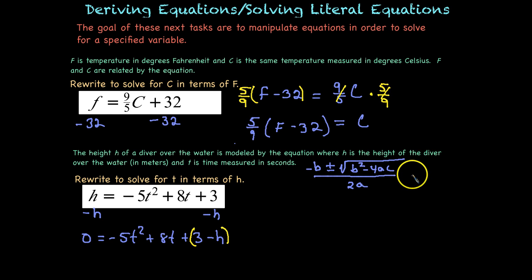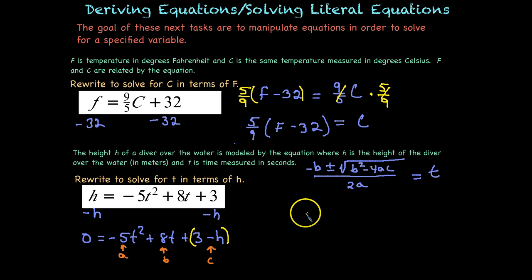In order to solve for t, I'm going to use the quadratic formula because that's simplest and it gives us our solution right away. For the quadratic formula, we need to know that negative 5 is A, 8 is B, and the entire term, 3 minus h, is C. All right, let's give it a try.